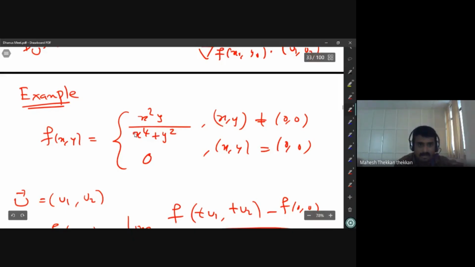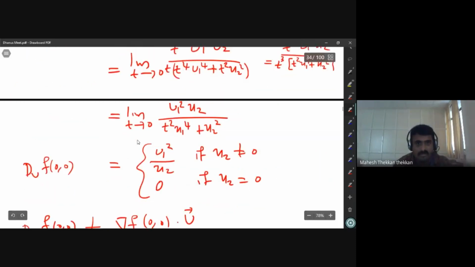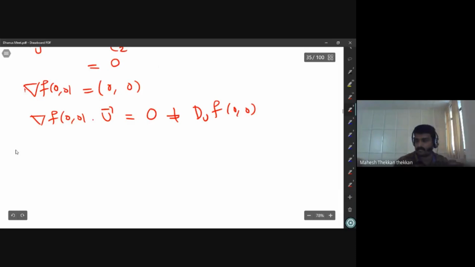So this function has the property that it is not even a continuous function, but all the directional derivatives exist at the point (0,0). This function is not continuous, but all the directional derivatives exist. So in order for the directional derivative to exist, the function need not be continuous. Okay. So here I just write a note.